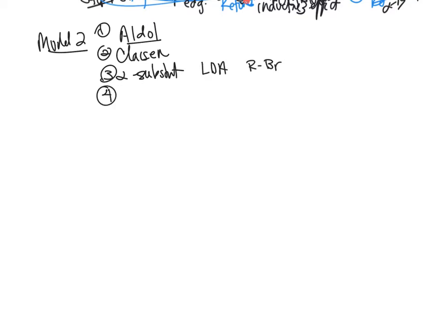Okay, and the fourth reaction is here, the acetoacetic ester synthesis. I bet you have about 10 reactions in this chapter, okay? So, because we're going to have probably 5 or 6 reactions that are, you don't have POGIL, because this is your last POGIL. So, all right, Model 2.